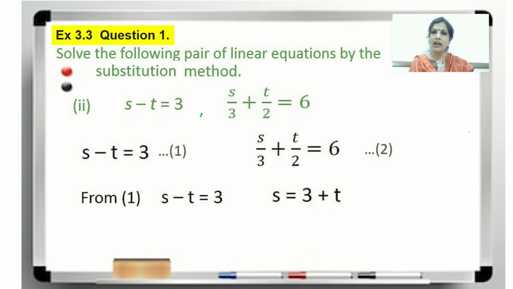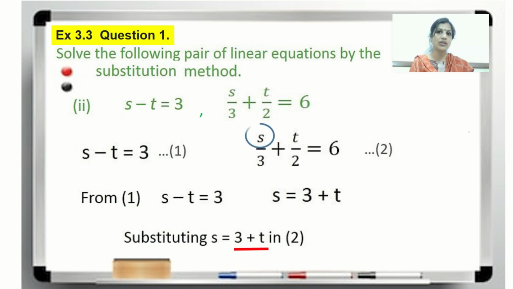This value of s from equation 1, now I'll substitute in equation 2. So I will have all the variables in equation 2 as t. It will become a linear equation in one variable, so I can find out the value of t from that equation. Let's see this. We will substitute s is equal to 3 plus t in equation 2.